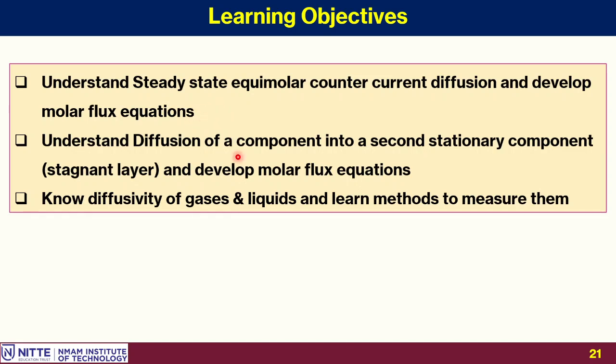The case 2 will see the diffusion of components into a second stationary component which is stagnant, and we'll develop molar equations for the same. Now here these are two cases.